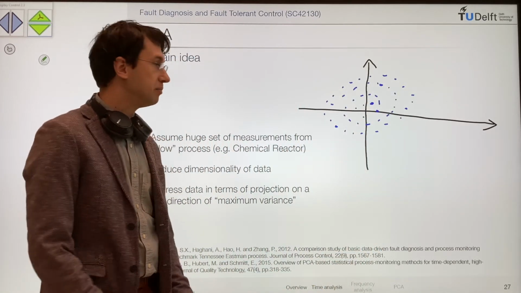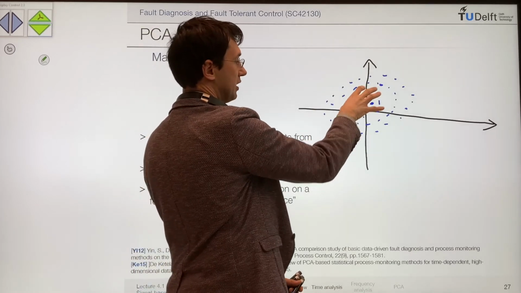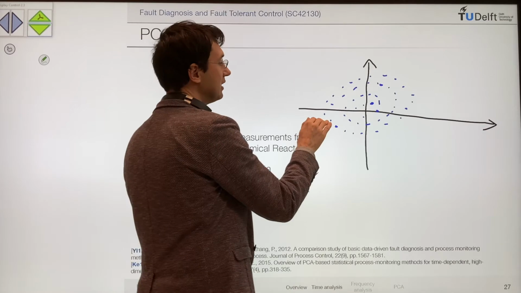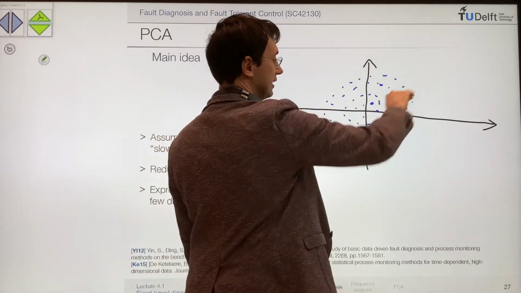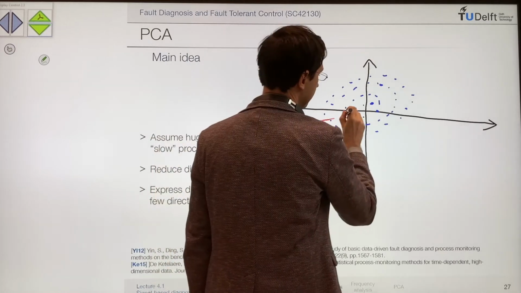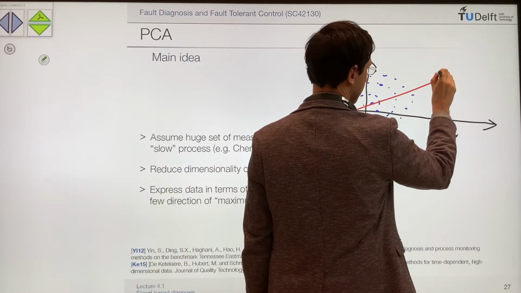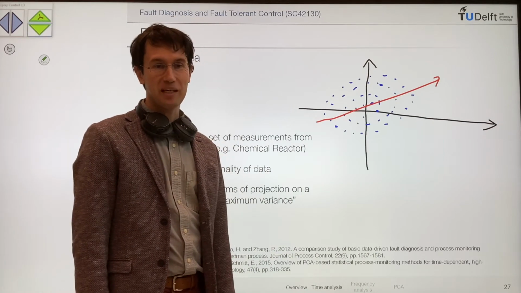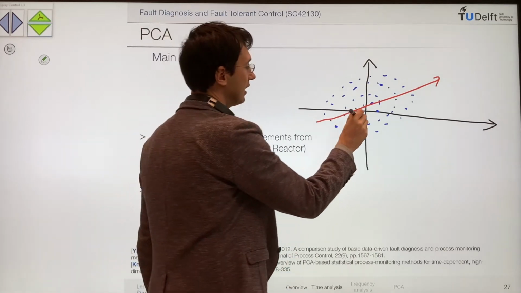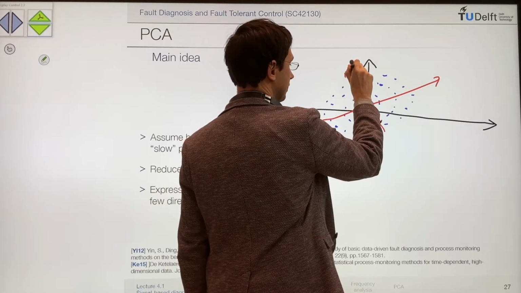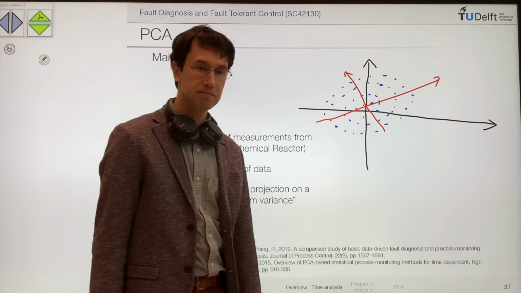In practice, it means that these two variables are not independent. There is some correlation, and this is expressed by this main axis of our ellipse. So this is the direction over which they are mainly correlated, and the other direction is this one, the minor axis of the ellipse.